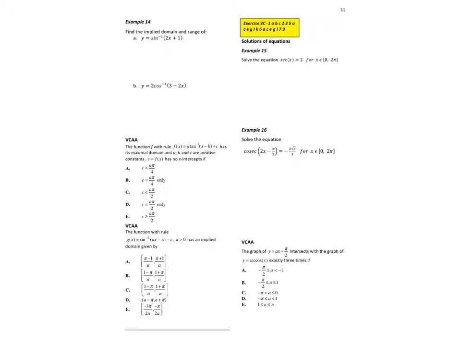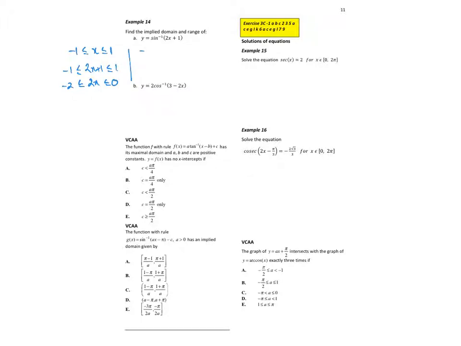All right, find the implied domain and range of. Let's work through a couple of these. So again, what's my standard sine graph? Its normal domain is -1 less than or equal to x, which is less than or equal to 1. So 2x plus 1. So subtract 1 from both sides. -2 is less than or equal to 2x, which is less than or equal to 0.